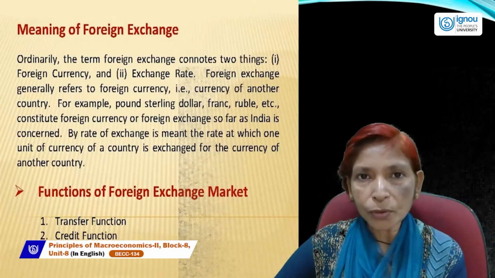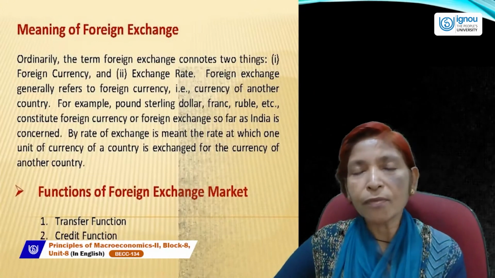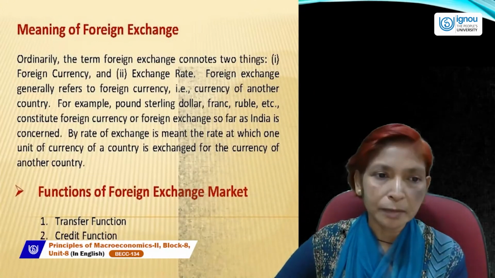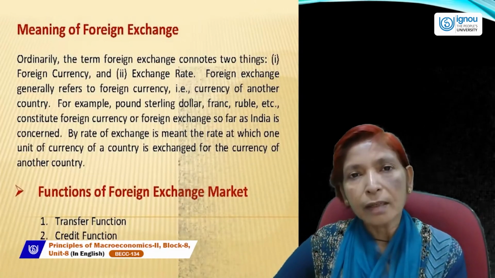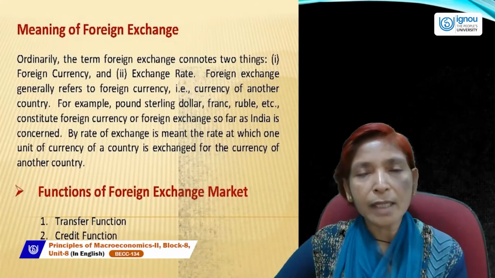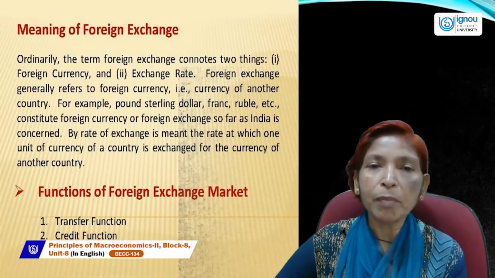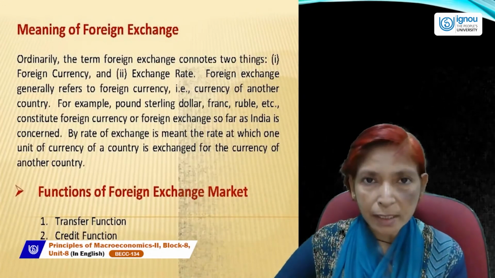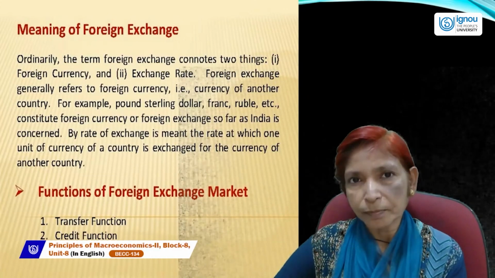As I have told you, in different countries, different types of currency prevail. In each country, people can buy or sell goods and services with the help of money. At present, money is the medium of exchange.